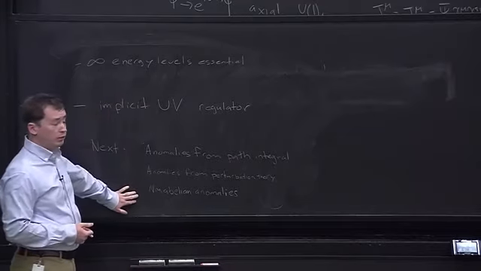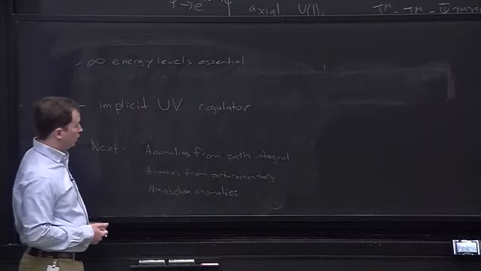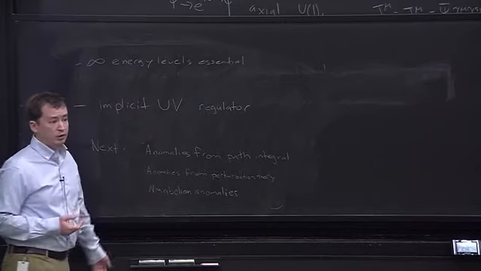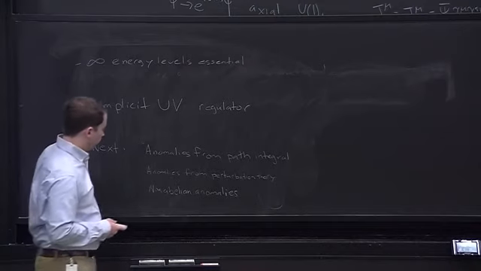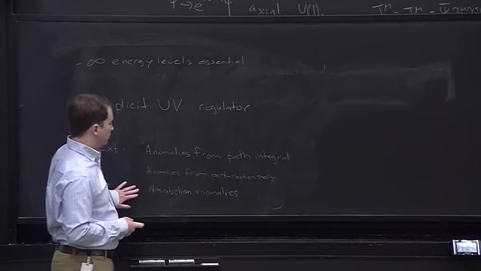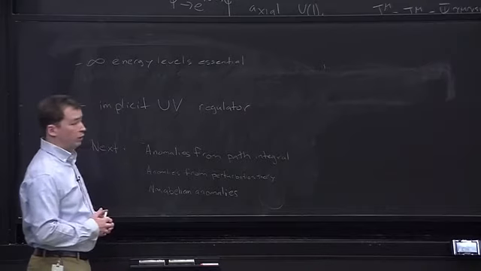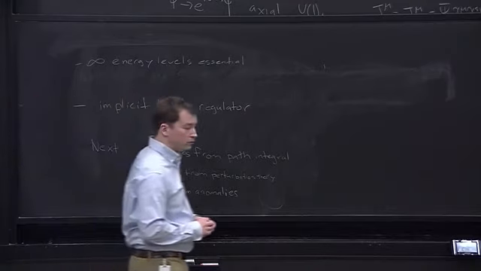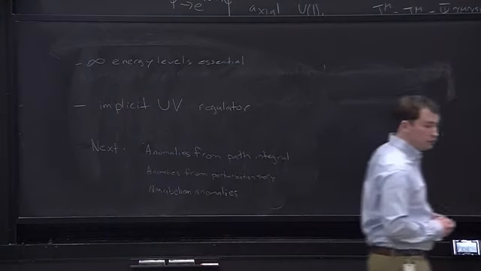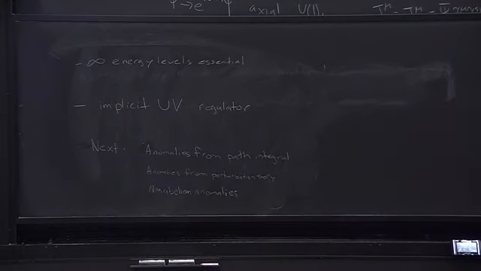So non-abelian anomalies are always gauge anomalies, which I briefly argued are very bad and ruin the consistency of the theory. So that's where we're going over the next few days. Any questions?